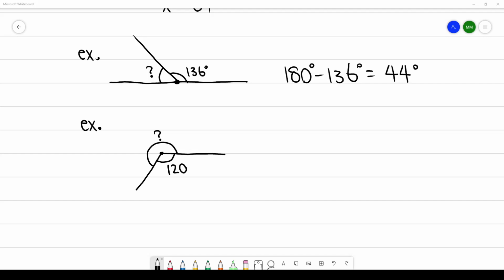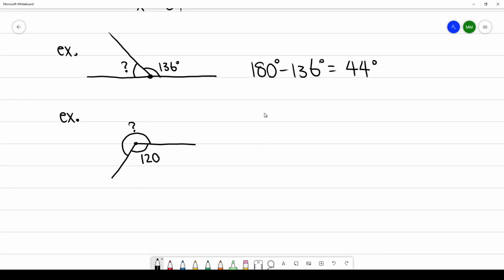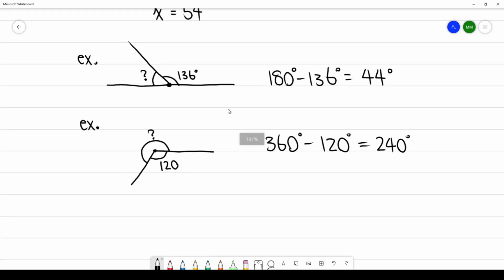Yeah, good job. So a full rotation, a circle. So next time when you see a dot like this, a circle is 360 degrees. So then just 360 minus 120, 240 degrees. Okay, easy.